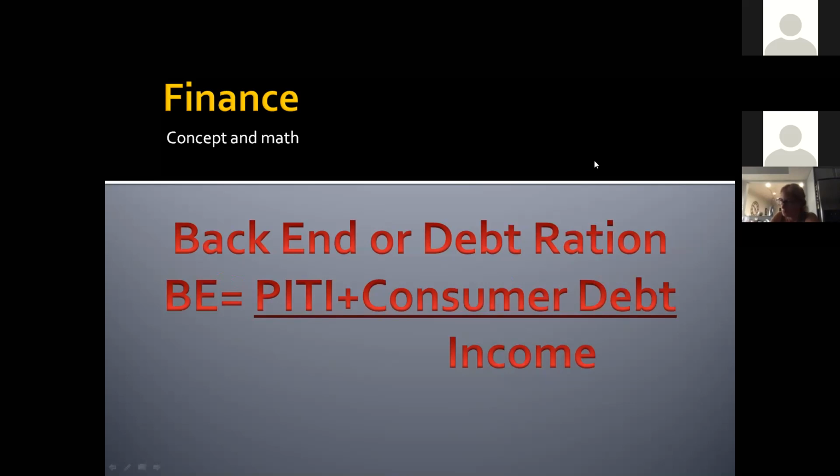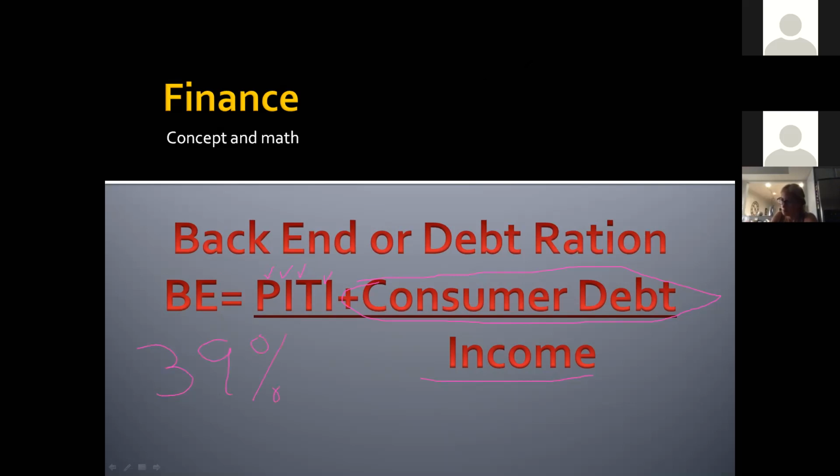Again, PITI is the principal, interest, taxes, and insurance on the mortgage payment, plus your consumer debt: your car payment, your student loans, anything you have that's a regularly recurring payment, divided by your income. And typically on this back end ratio, they're going to be looking for a 39% ratio.